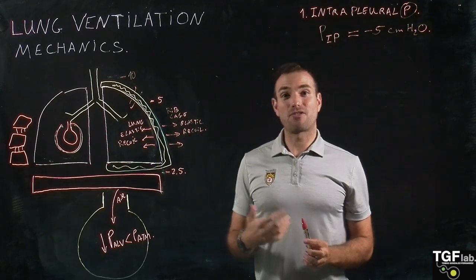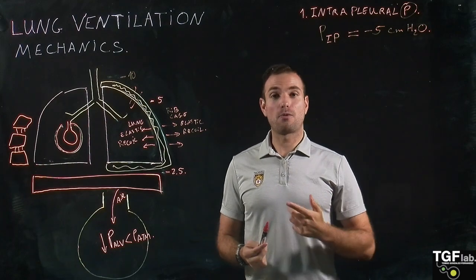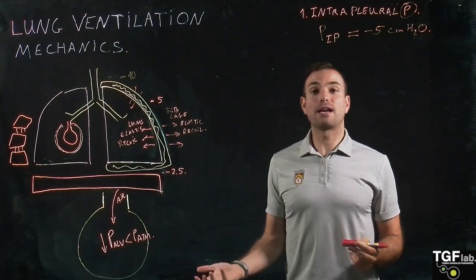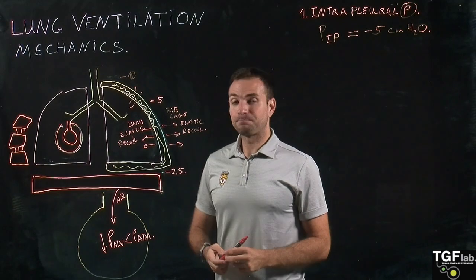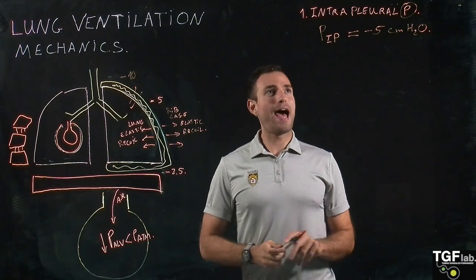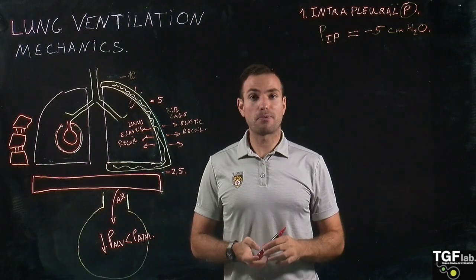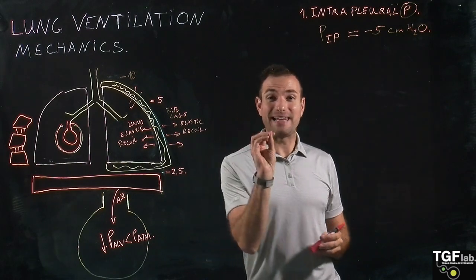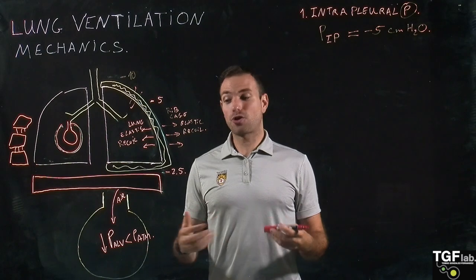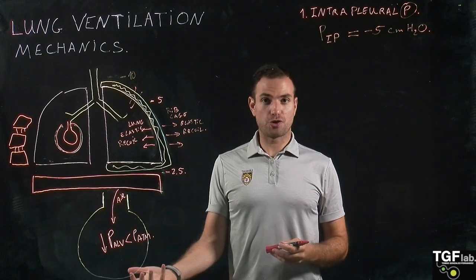This can happen, for example, in pneumothorax or when we have a really bad accident. But due to this intrapleural pressure, our lungs always have a little bit of air, though this air is not enough for respiration to happen.